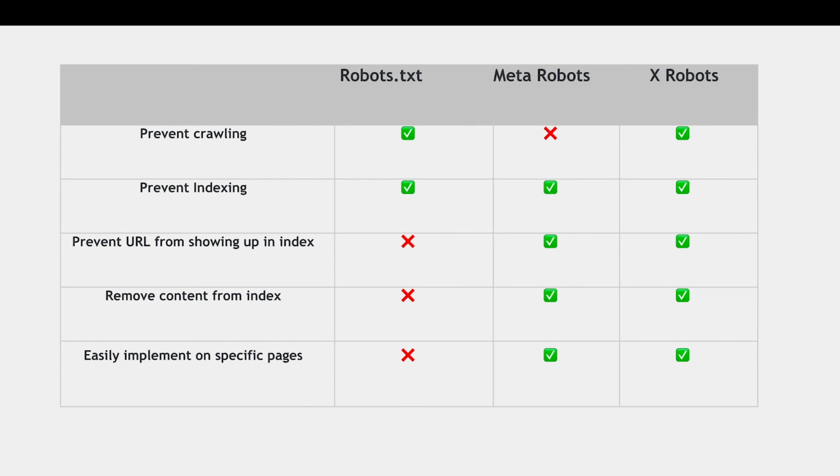However, this is something which can depend from project to project, and it's a whole separate in-depth theory and practice to cover all the possible combinations and usage of robots, either robots.txt, meta robots, or X-Robots.